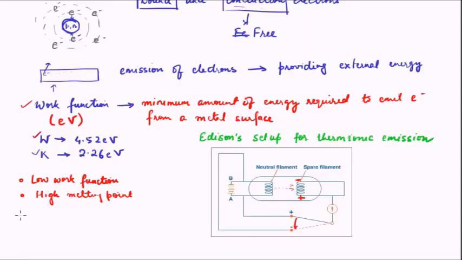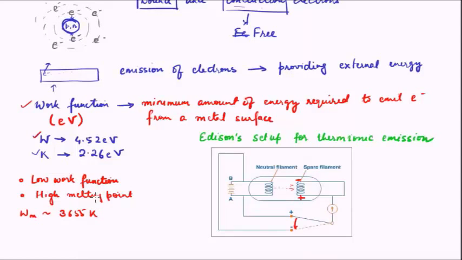The melting point of tungsten is approximately 3655 Kelvin. Therefore, the high melting point criterion is met. The low work function is not exactly met, but it can be used for practical purposes.